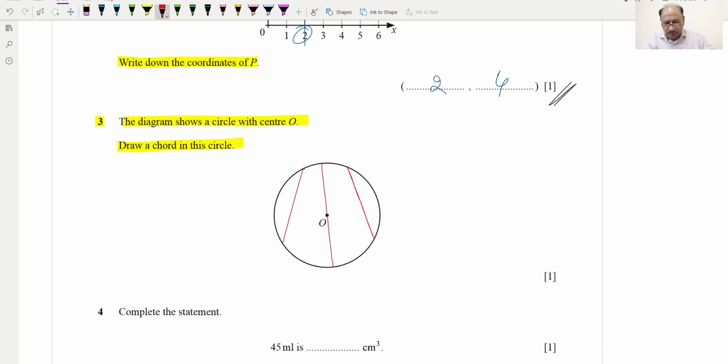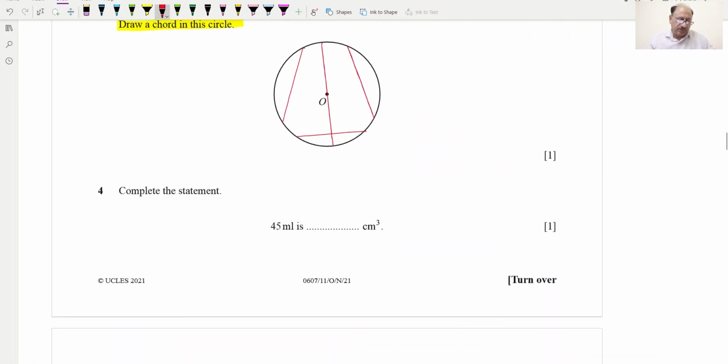Keep in mind the largest chord of the circle is the diameter, so this is the largest chord. You can draw any line. I have drawn 3 for you, and one more we can draw, for example on this side also. You can draw any of these chords, but one is required. The rest I have drawn for your explanation.